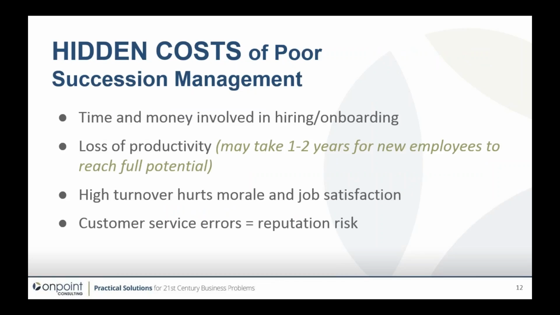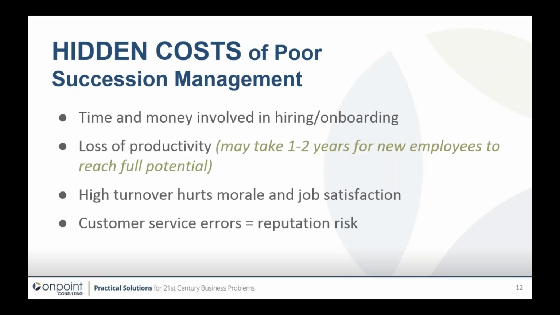In addition to those obvious external costs, there are a few hidden costs, or at least costs that are a little less straightforward to calculate. One is just the time and investment involved in hiring and then onboarding. It can take months to find people, and then once you do find them, make the offer, it could take months again to bring them on board. Is that impacting productivity?